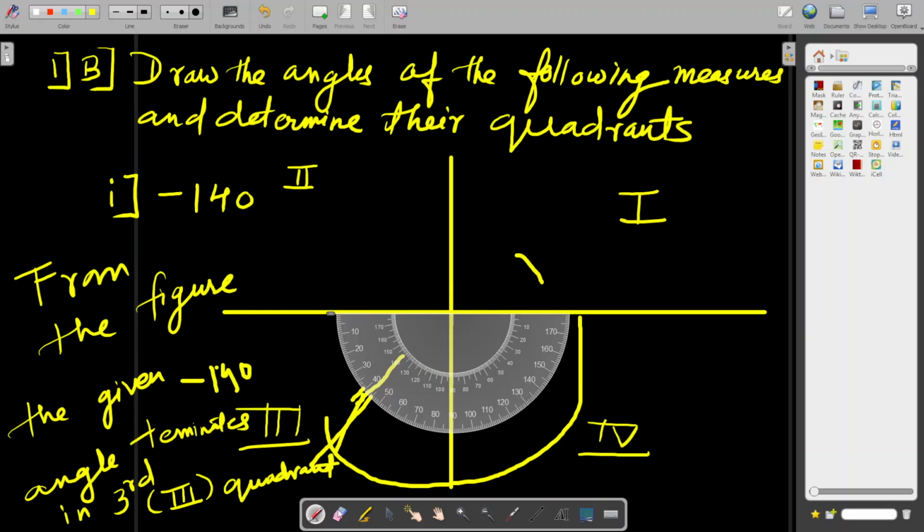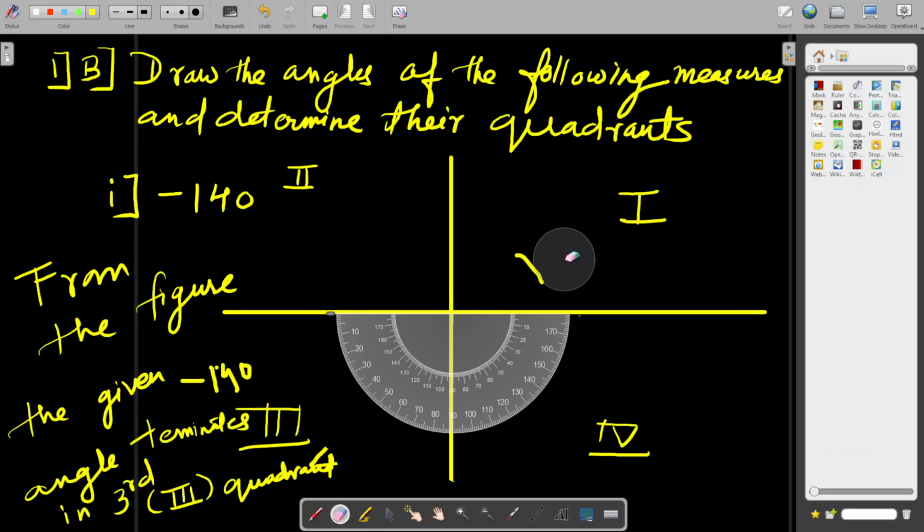Okay, we'll clean this. So the first example is done. Next example we will see.